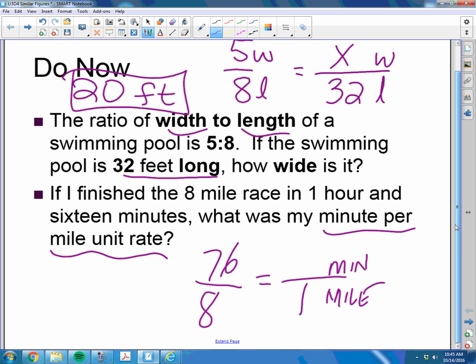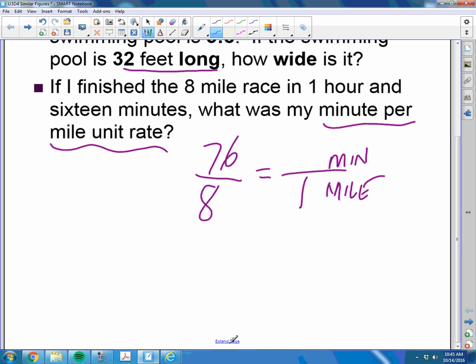Cameron, what did you do to solve this? I cross. Well, you can actually, there is a scale factor, but what's the, 76 divided by 8. Yeah, but here's the problem. If they were to ask you, here's the interesting thing, Andrew, listen up. If they were to ask you to identify the scale factor, it is not 8. It's 1/8.